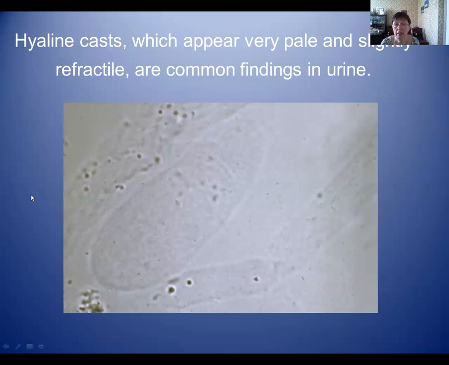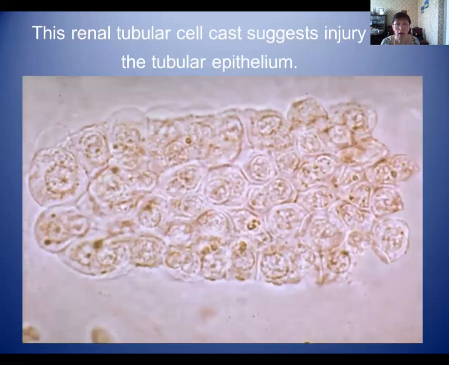This is the example of the hyaline casts in the urine. They appear very pale and refractile, and they are common findings in the urine. The next picture shows us a tubular cell cast.